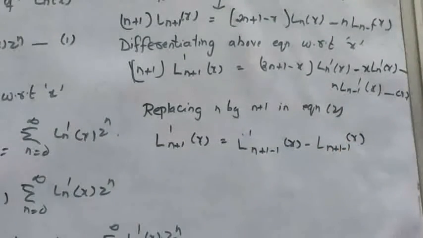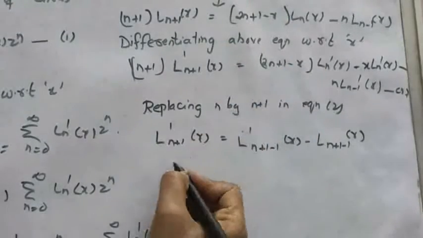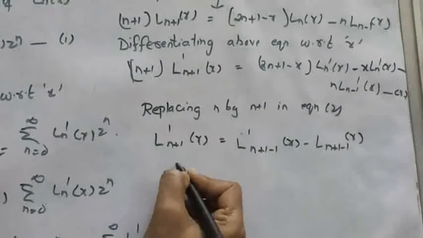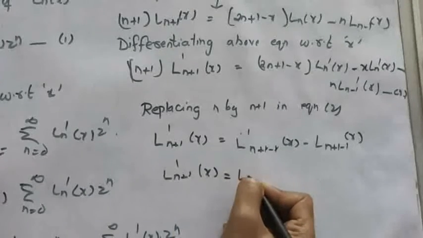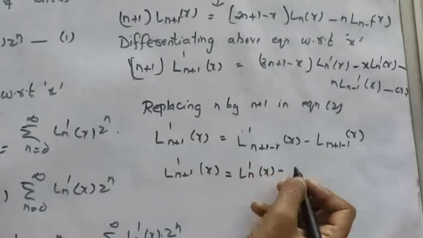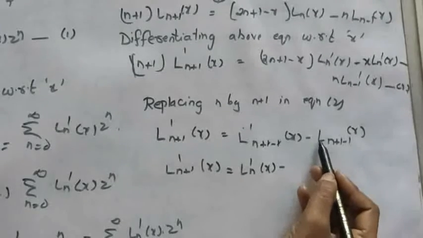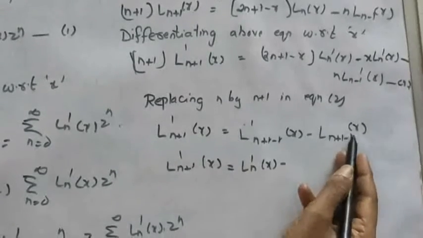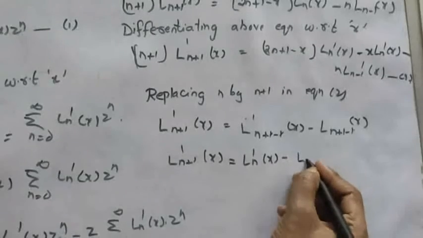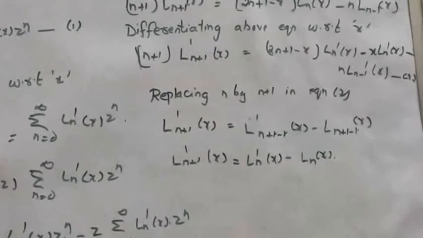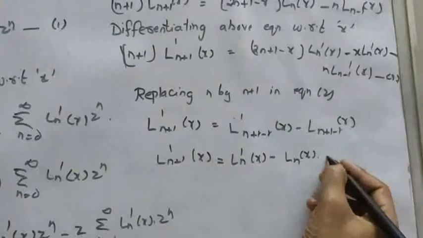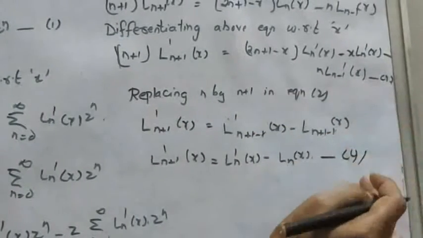So I have just replaced n by n plus 1. So here Ln plus 1 dash of x you will get. Here minus 1 plus 1 gets cancelled. You will get Ln dash of x minus Ln of x. Now consider this as equation number 4. Already 3, then this is 4.